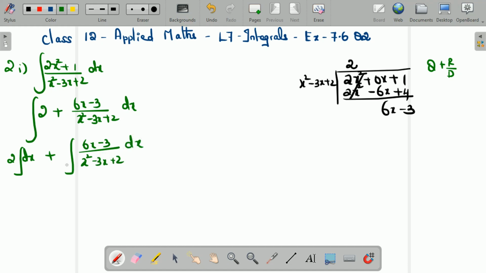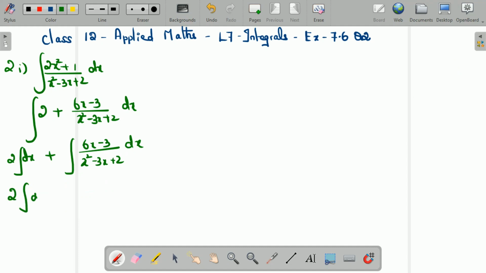Now I'm splitting the middle terms, which becomes 2 into integral of dx plus integral of (6x minus 3) divided by (x minus 2) into (x minus 1) dx.